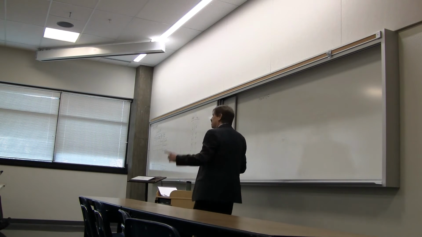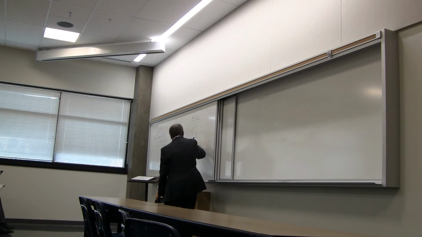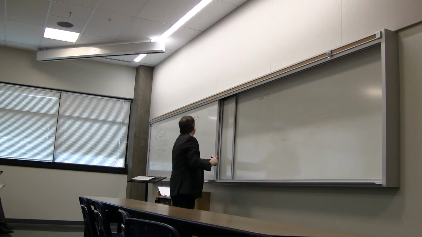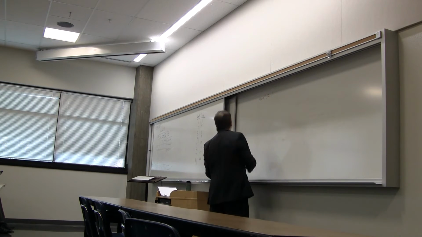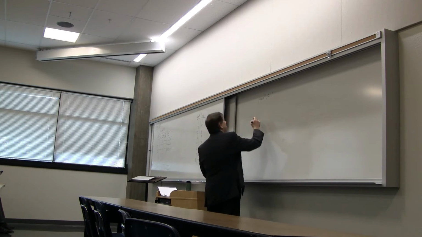What's the maximum value we can get from a 1-inch piece of material? So the maximum value for 1 inch is 1. No argument about that, right? Okay, what's the max value of 2?